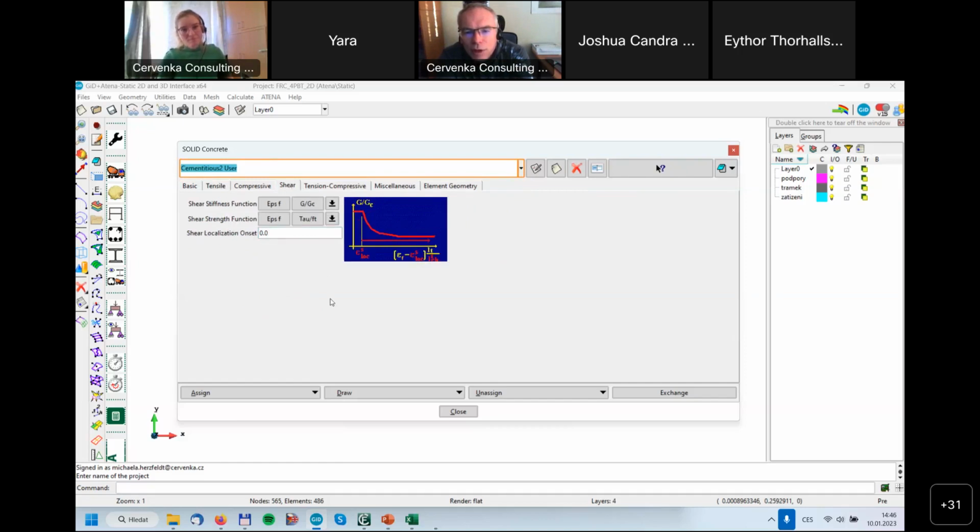So there you have two graphs that you can define, and one of them is basically this shear stiffness function, which is a function G divided by GC, the shear stiffness divided by the original shear stiffness, which is basically the shear retention factor. Yes? Okay. And this is a very good point.